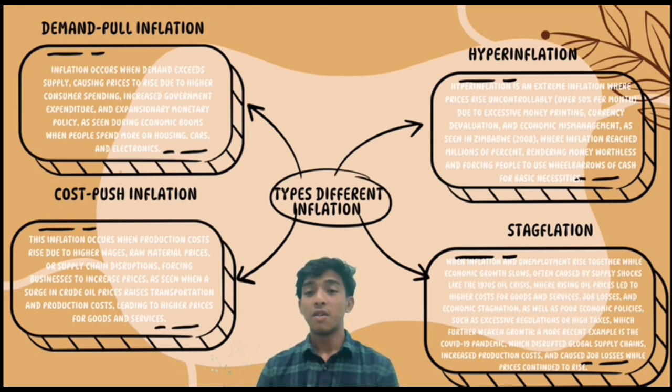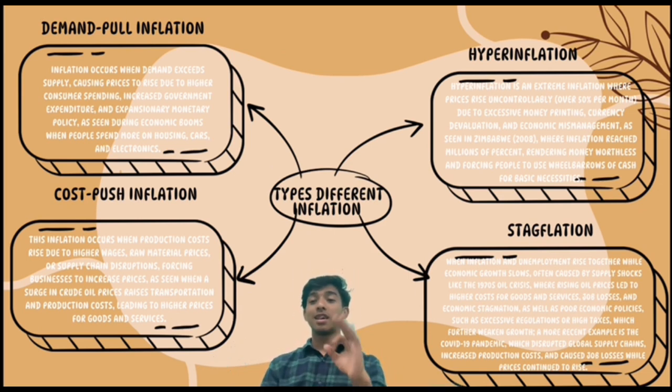This inflation occurs when production costs rise due to higher wages, raw material prices, or supply chain disruption, forcing businesses to increase the price, as seen when a rise in crude oil price raises transportation and production costs, leading to higher prices for goods and services.